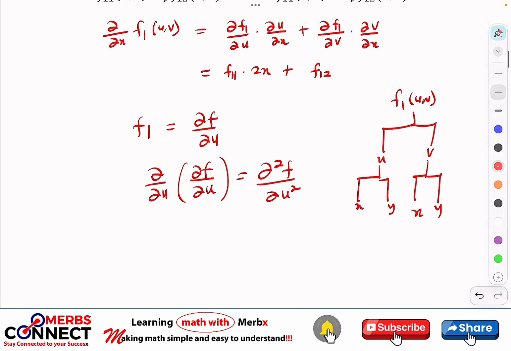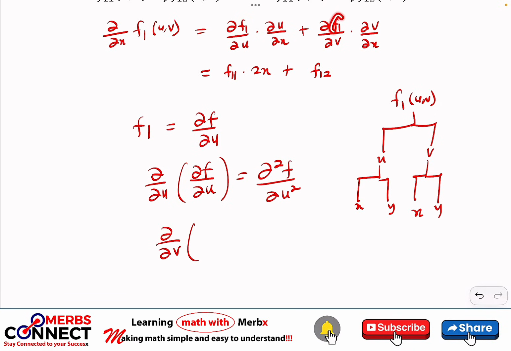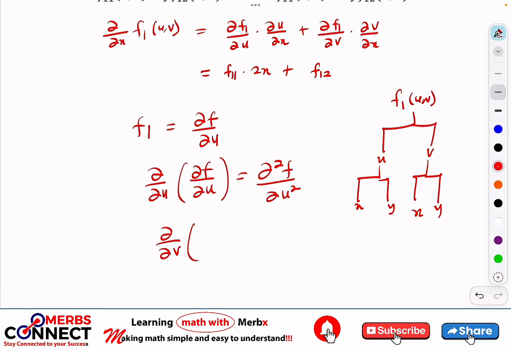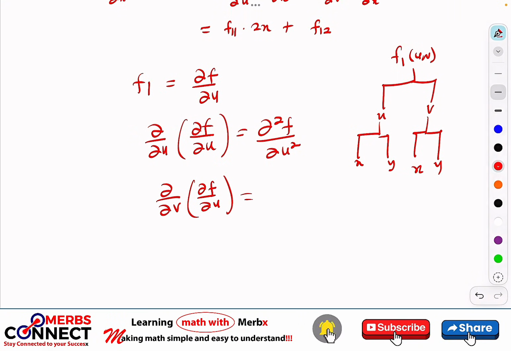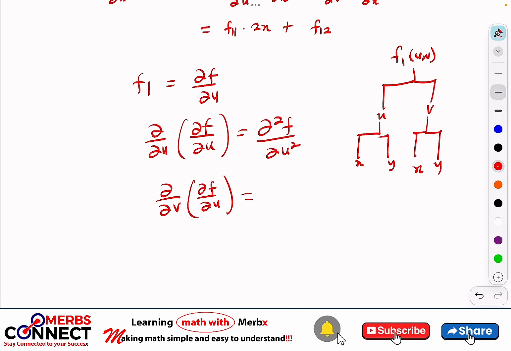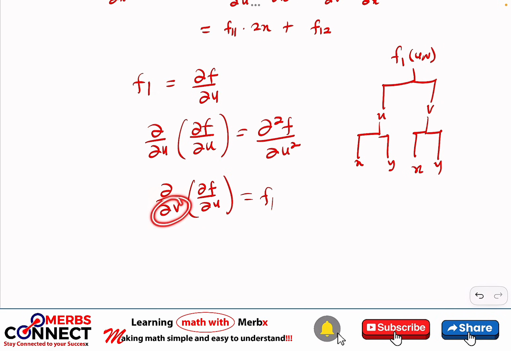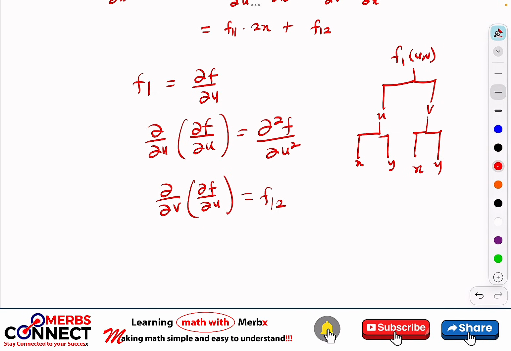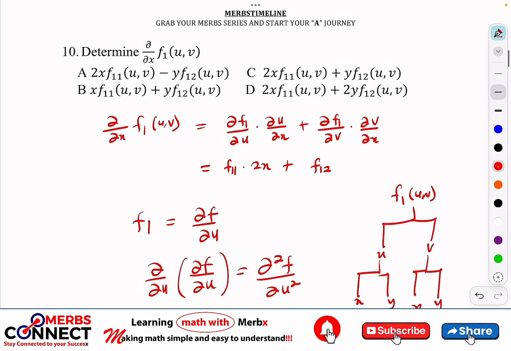Because this one here means that I have partial of v, but remember f1 is the same as partial of f with respect to u. So they are not the same, so we cannot write it this way. This is f1, then I differentiate with respect to v. So it comes again with f2 because v is 2. So that's what we are going to get.